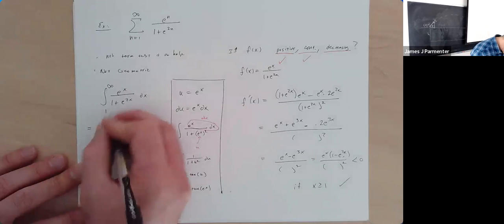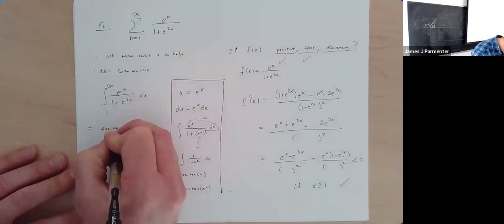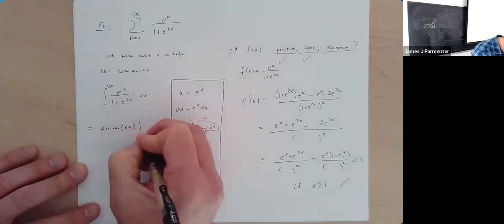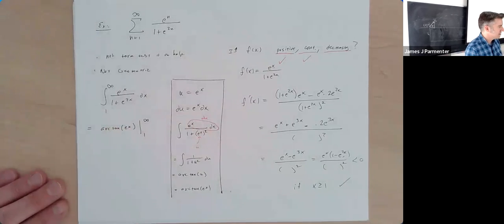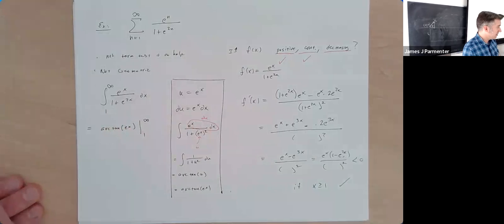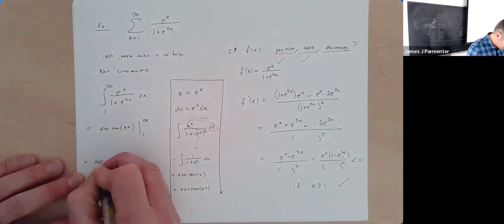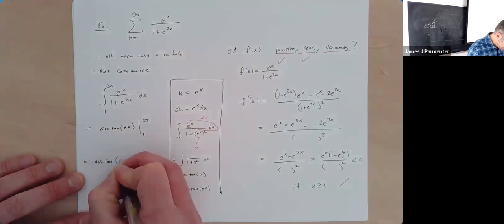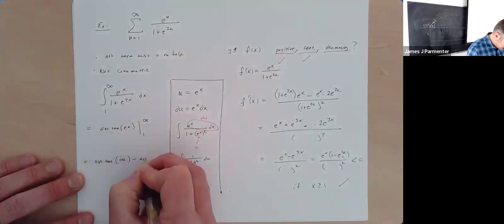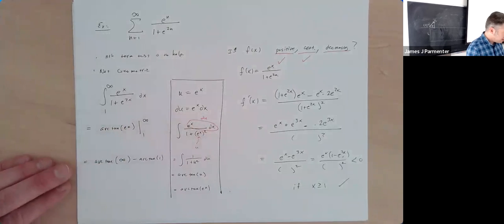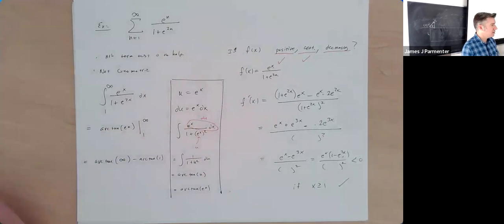The integral of this is the arc tangent of e to the x from 1 to infinity. I really feel like I should be writing a limit here, but I'm not. It's fine. So what we're essentially getting is the arc tangent of e to the infinity minus the arc tangent of 1. Now, what happens to the arc tangent function as the input gets infinitely large?